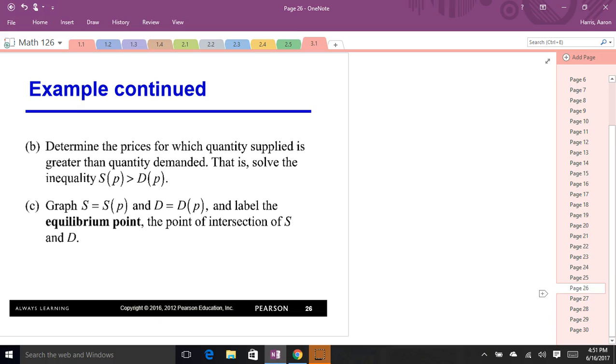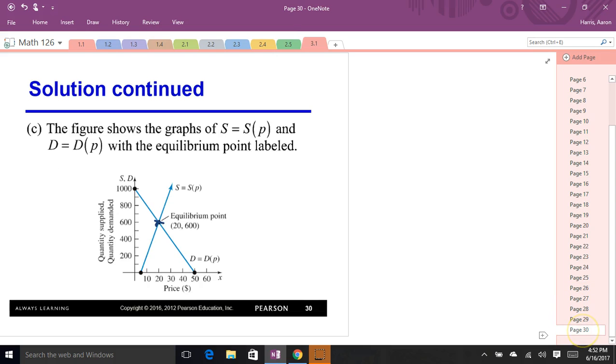Now part D. When is the supply greater than demand? Determine the prices for which the supply S of P would be greater than the demand. Let me go back to the visual of this for a minute. Can you see here's your supply? Notice that your supply would be higher than your demand anytime P is greater than 20.